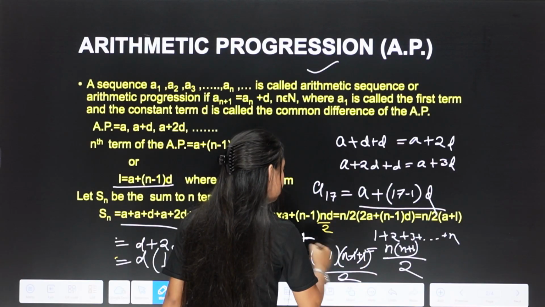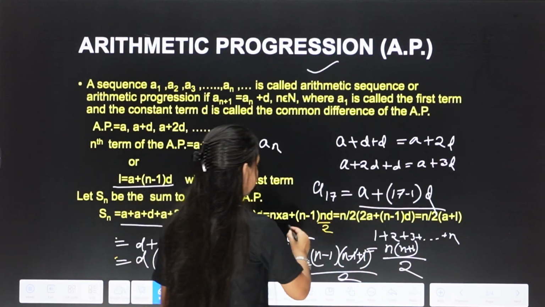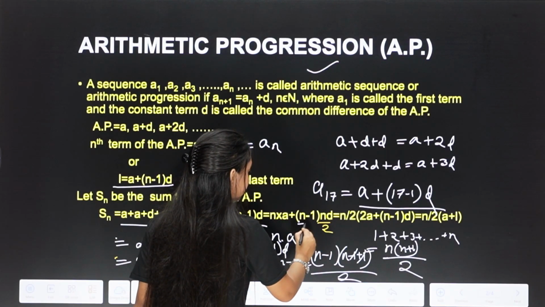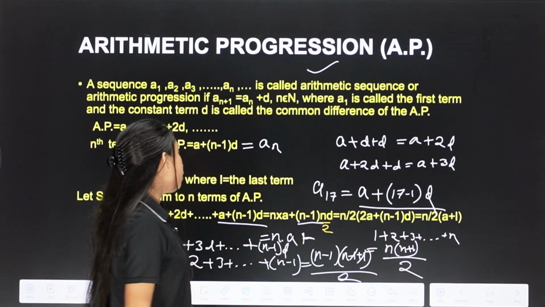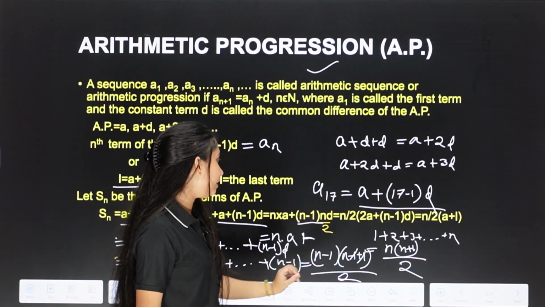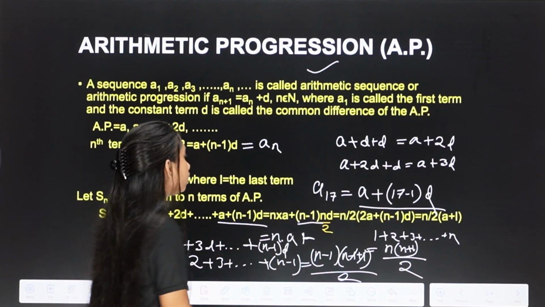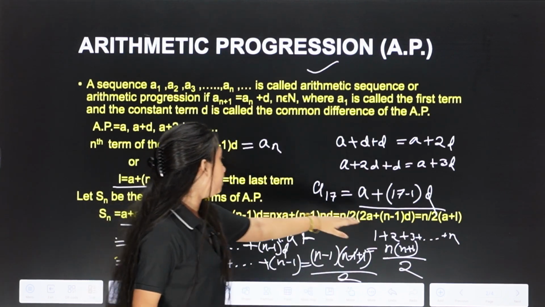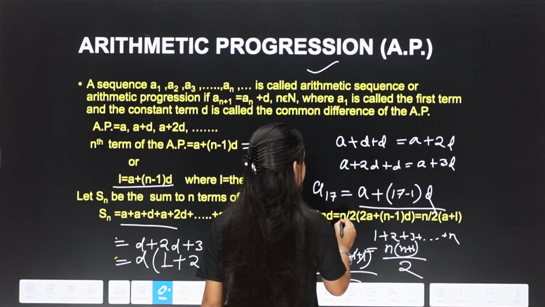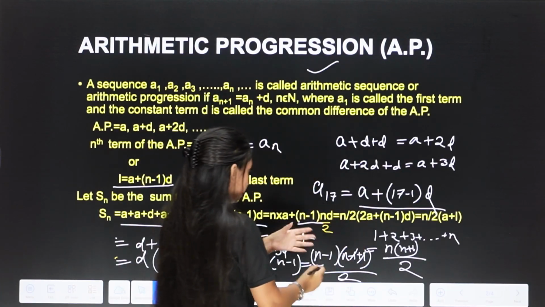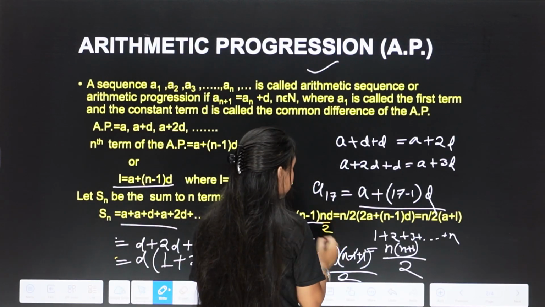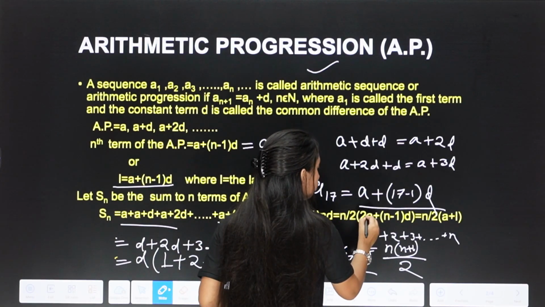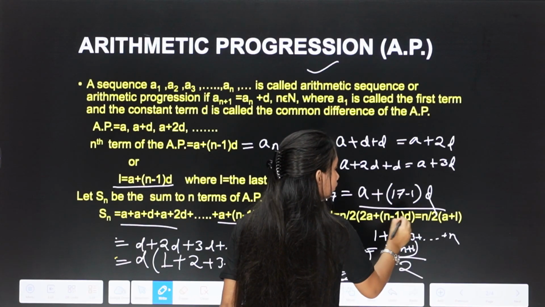We can cancel it out and it will be n into n minus 1 divided by 2, into D. If we want to simplify it, we will first take n common from the equation, so n will be outside, and we will take 1 by 2 common, then it will be n by 2 into 2A plus n minus 1 into D.